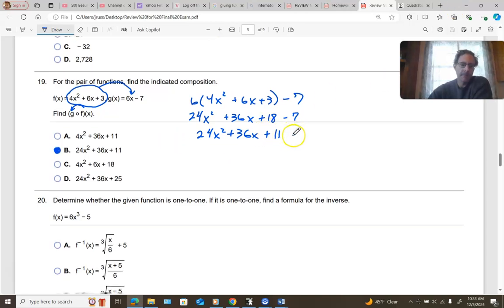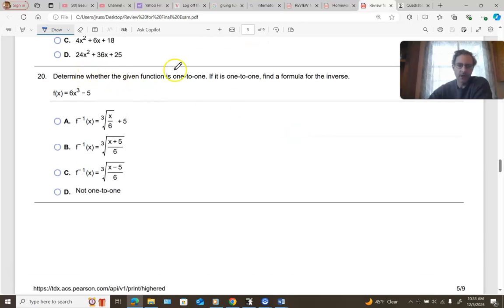Alright, number 20, it says determine whether the given function is 1 to 1, and if it is, find its inverse. Okay, so this is from 9.2. Well, guys, this is a 1-to-1 function.